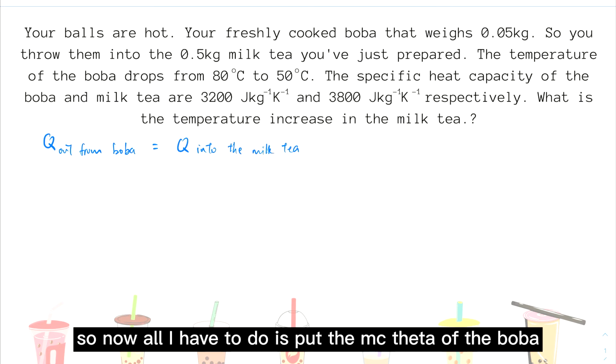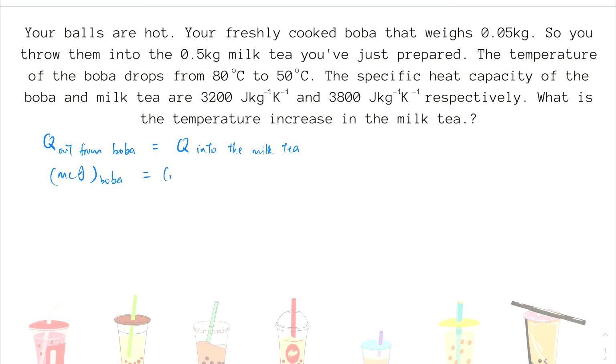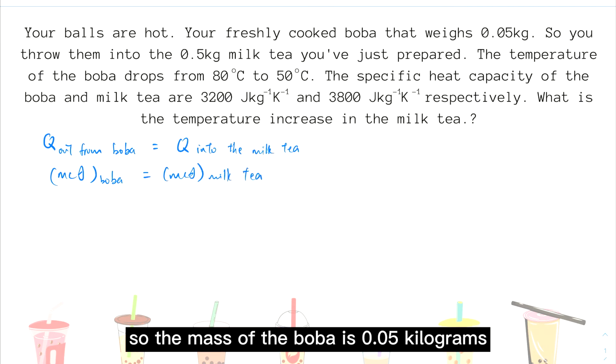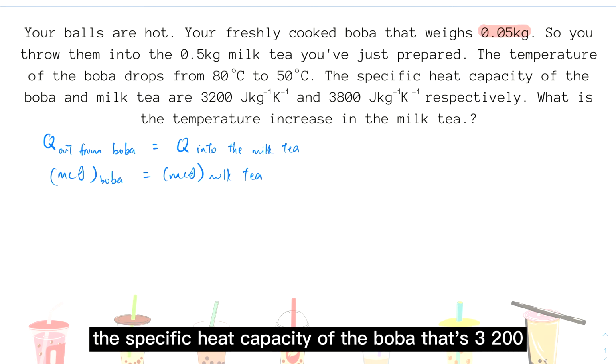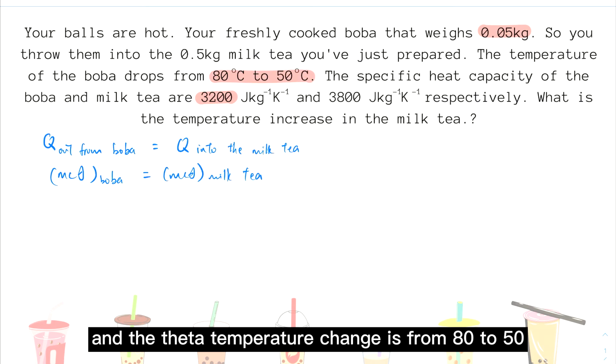So now all I have to do is put the mc theta of the boba to be equals to the mc theta of the milk tea. So the mass of the boba is 0.05 kilograms. The specific heat capacity of the boba, that's 3200, and the theta temperature change is from 80 to 50.